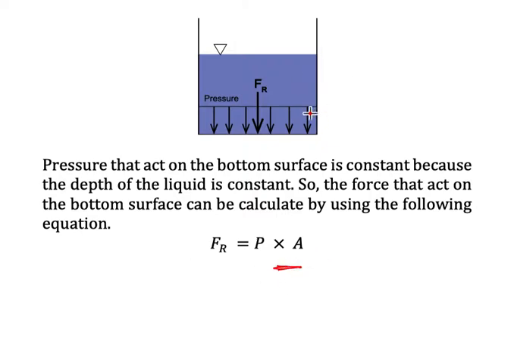Because we have a lot of forces here, we assume that this total force can be illustrated as a resultant force, and it will act on a single point on the centroid of the horizontal plane here.